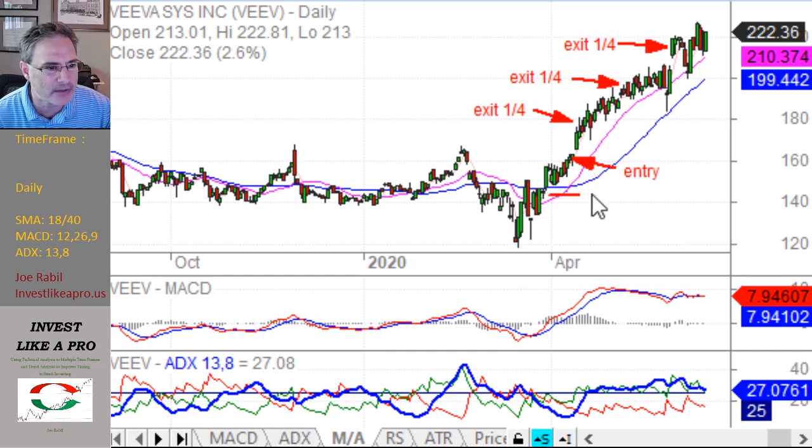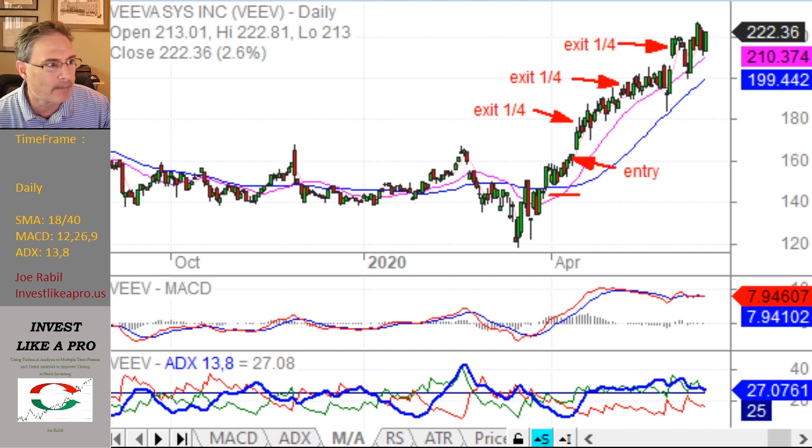We risked down to this horizontal line because this is a very volatile name. We gave it a little bit of room. It was probably somewhere around 18 to 20 points. And then at 18 to 20 points of profit, we took a quarter. So once we got 1-to-1, once we got what we risked in the trade, we took a quarter off. And then we raised the stop to break even. And then once we got 2-to-1, we took another quarter off, and then we raised the stop to the 1-to-1 price level.